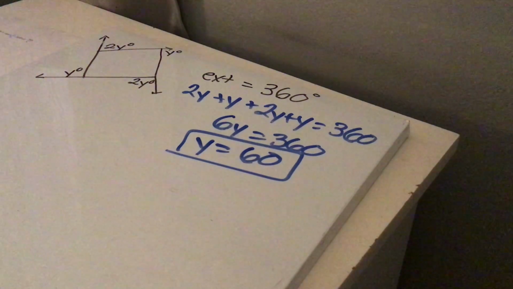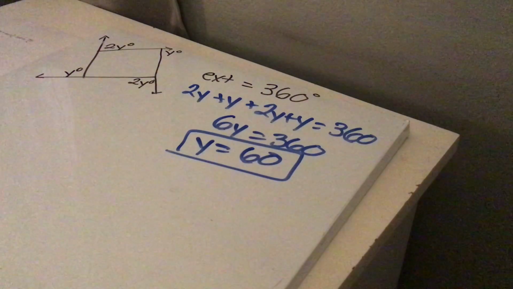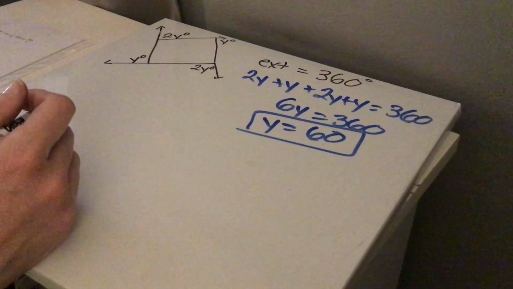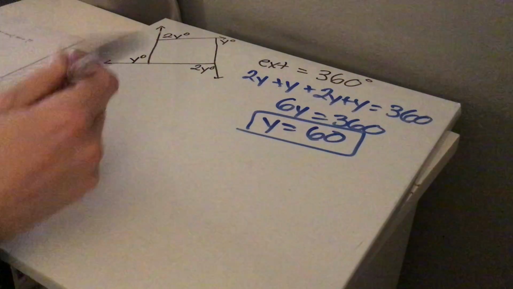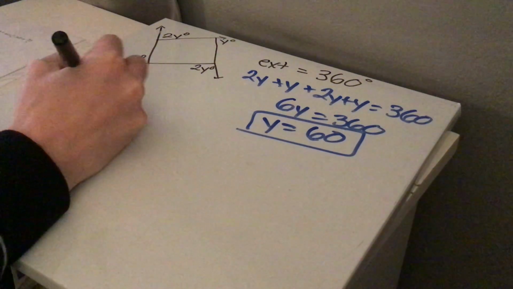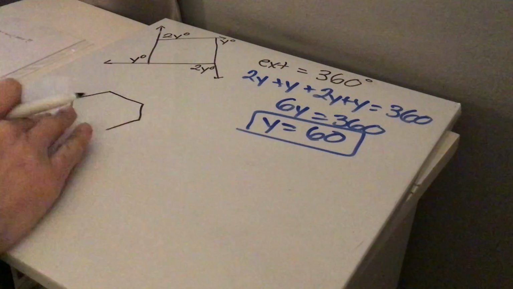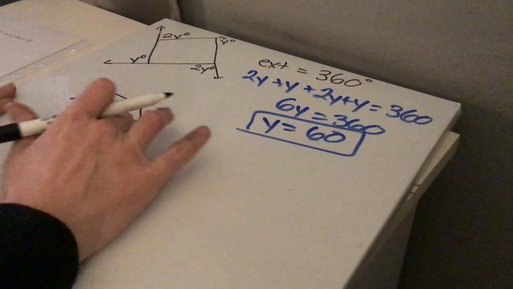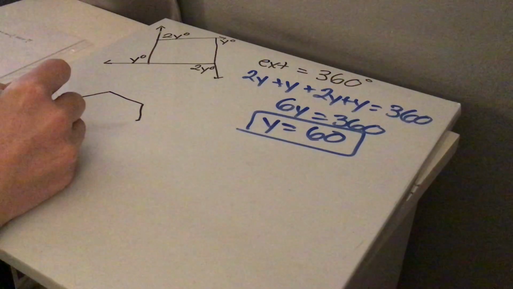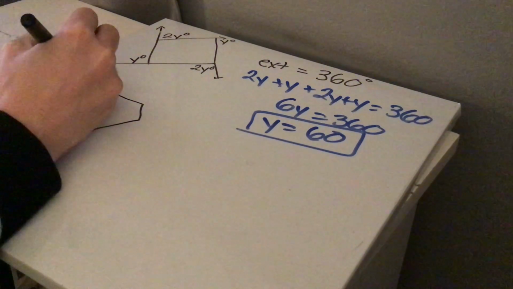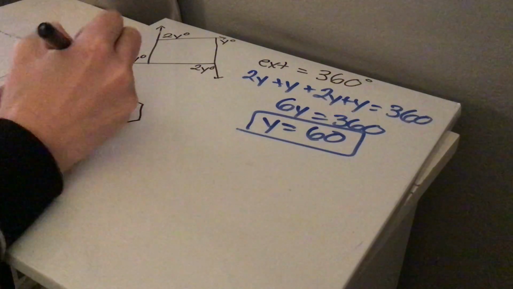Okay, exterior, always add up to 360 no matter how big the polygon is. Then I have this figure. Okay, and I have one extended side here, told this is x degrees.